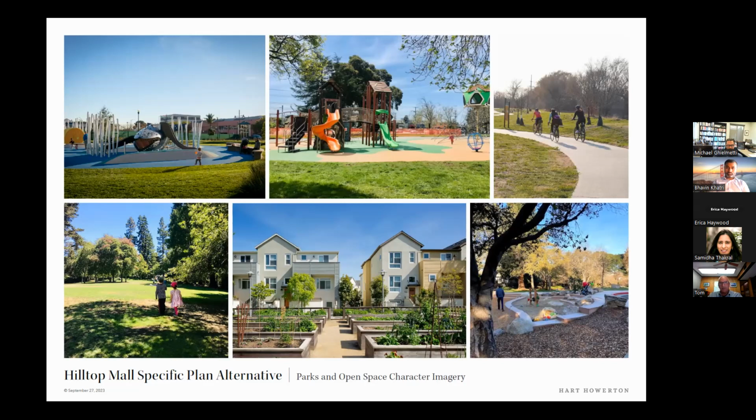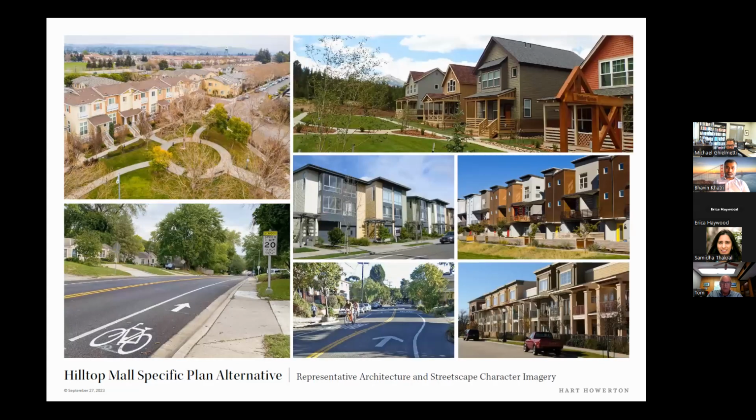If we go to the next character, we start to see some of the residential forms and massing. We also show we could have a series of detached sidewalks in the neighborhoods. Maybe they're monolithic sidewalks, like currently in the Hillview and Summer Lane area, and the bike path on there.